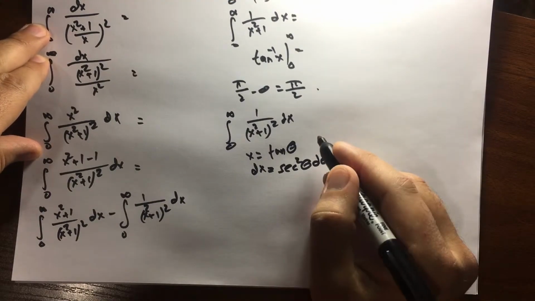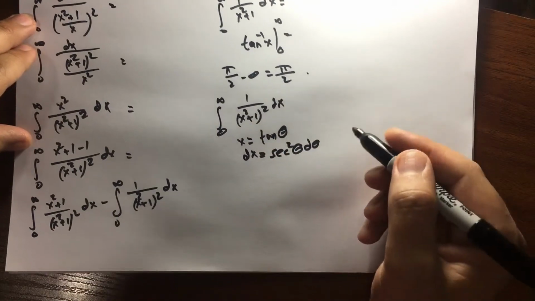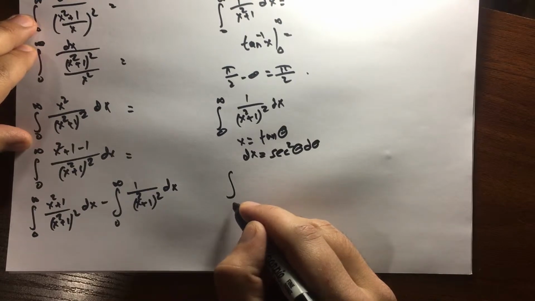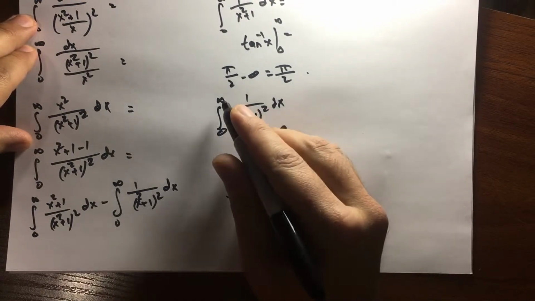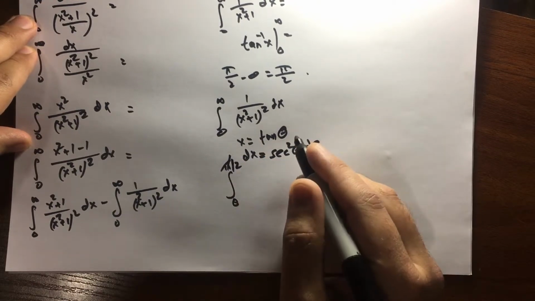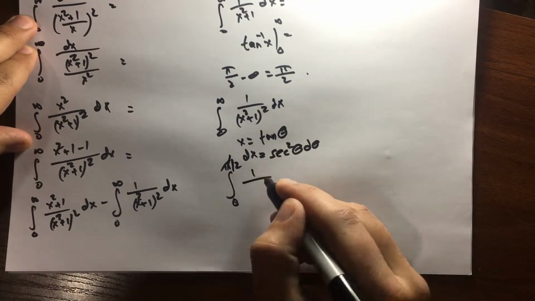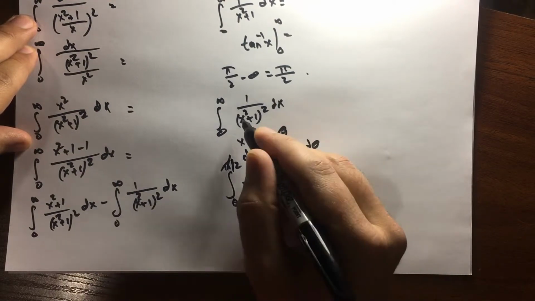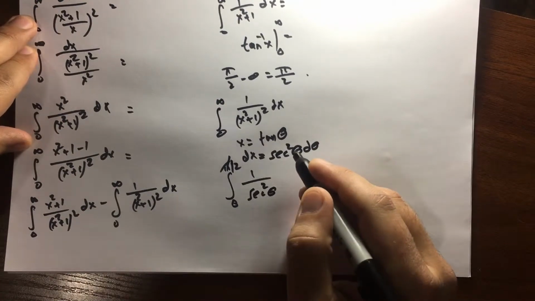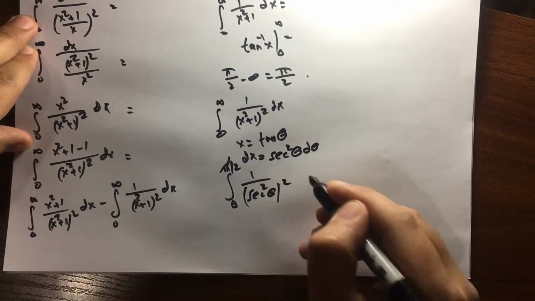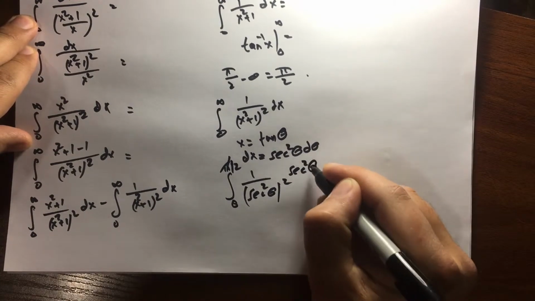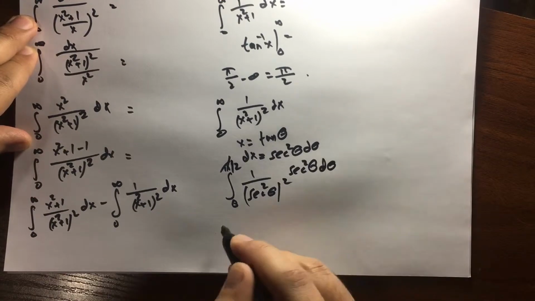Notice also for the limits of the integral, when x equals 0, then theta also equals 0, and when x equals infinity, we have theta equals pi over 2. So now we have 1 over, and now x equals tan theta, so tan squared theta plus 1 is secant squared theta, all squared, and dx equals secant squared theta d theta.